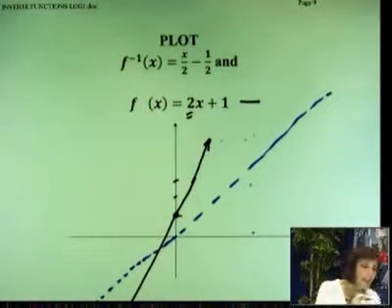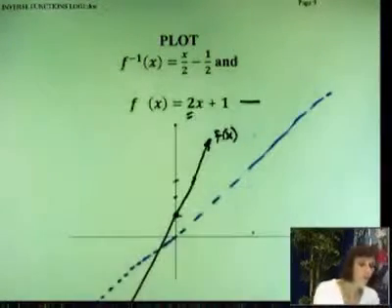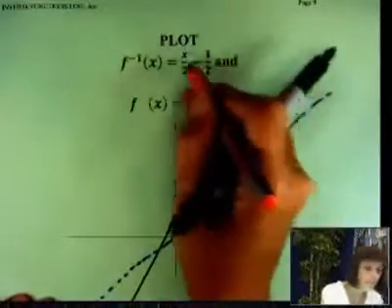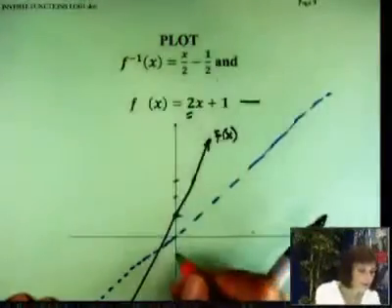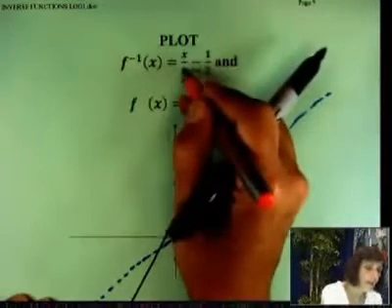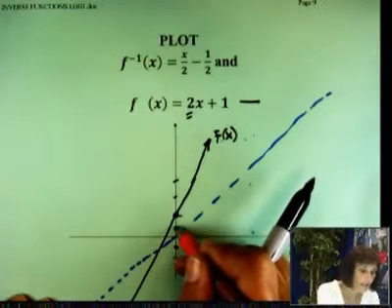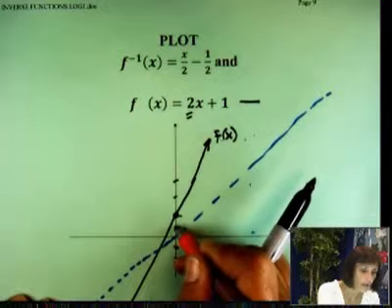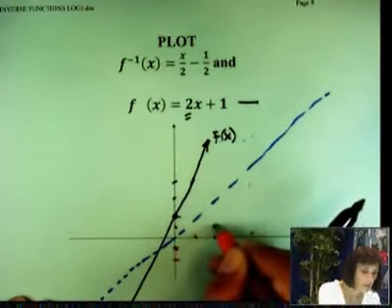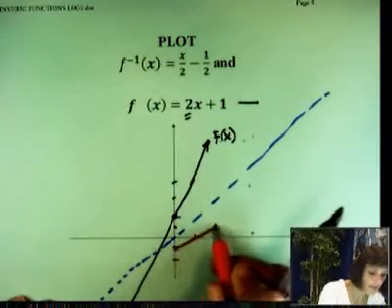But this is my f of x. Let's do f inverse of x. I'm going to do that with orange. f inverse has a y-intercept of negative 1/2. Here's negative 1/2. And its slope is 1/2. So I'm going to go 1, and then I'm going to go 2. Here it is. When I draw these two things, watch what it's going to look like.